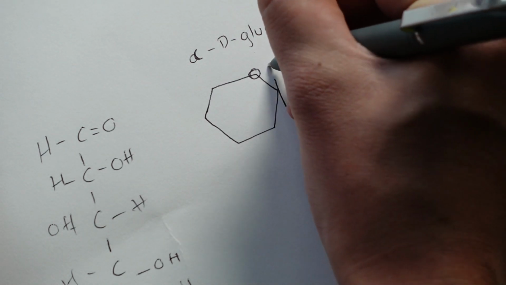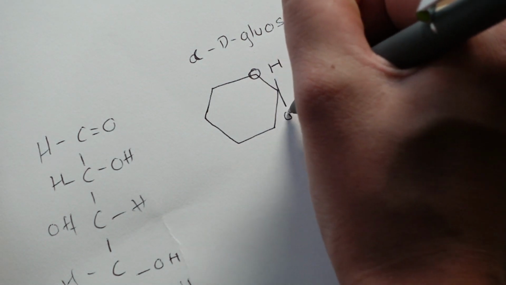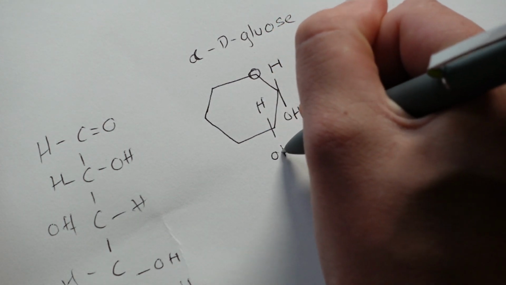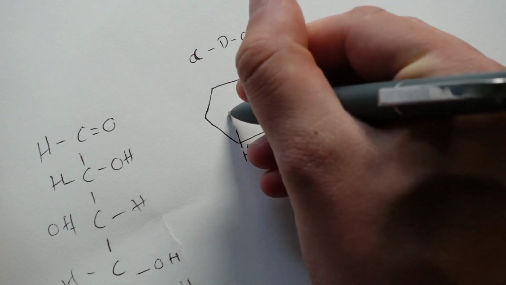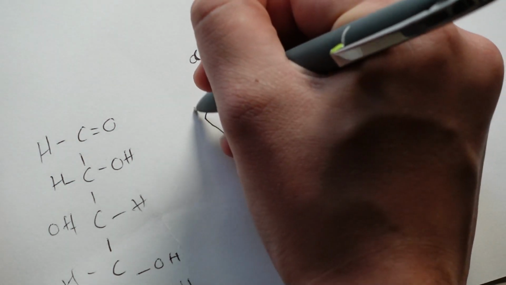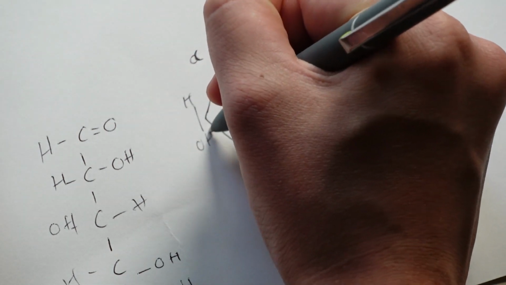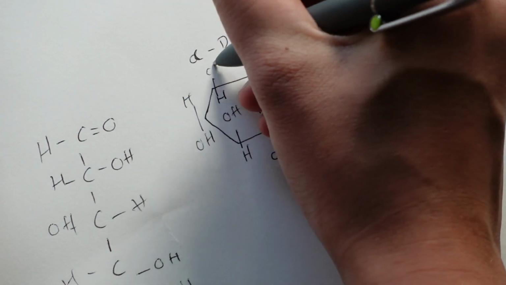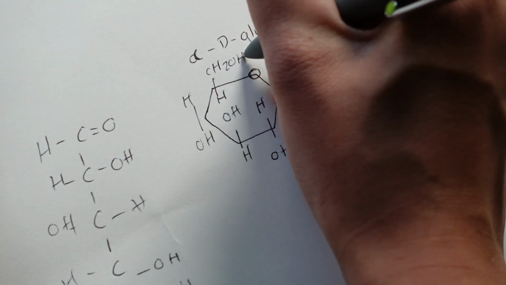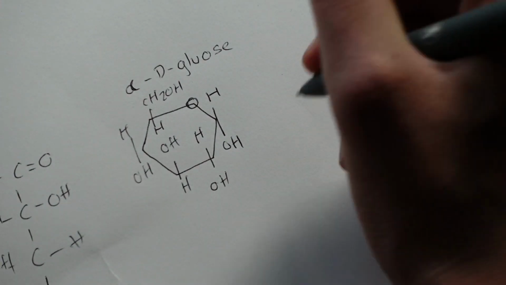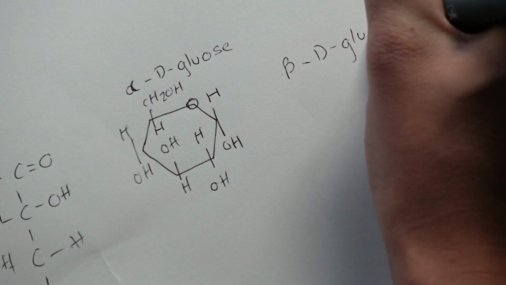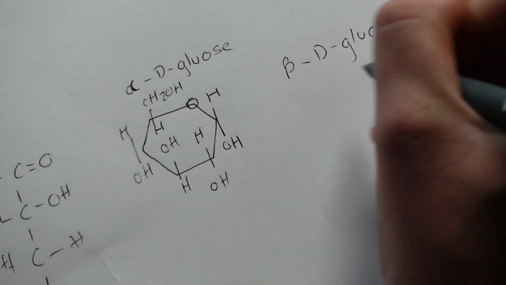Then for alpha, this is H, OH, OH, H, OH, H, OH, H, CH2OH. And then beta glucose is this.